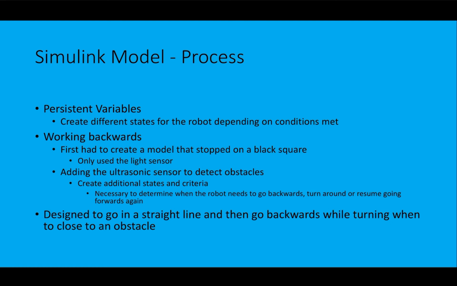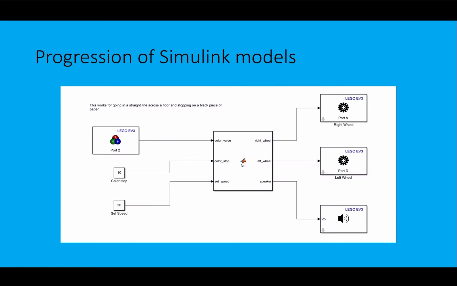The motors or the wheels are moving at different speeds so that it would turn, and, well, we'll get into it later, but the end all be all being if the light sensor is meeting a certain criteria, then the robot stops. And so here's a progression. Here we have a light sensor, the threshold to make the robot stop. This is just set speed.